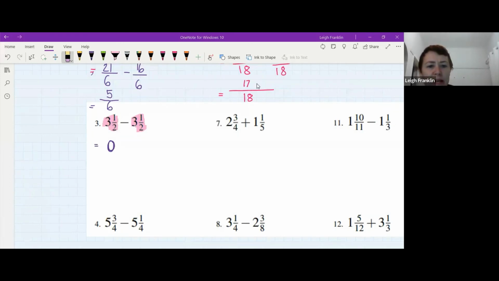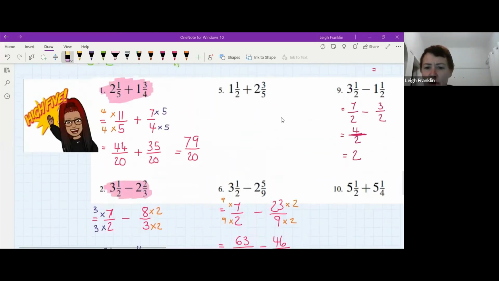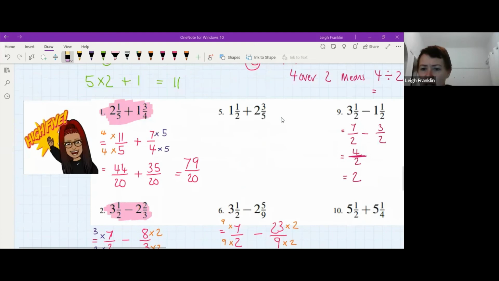Okay, hang on one second. Let me just have a look here. I need help with number 9. How do you get 7 and 3 on top? Okay, so this is for Engel. You asked me where the 7 comes from in the top.